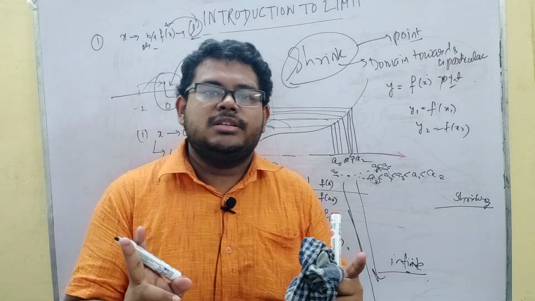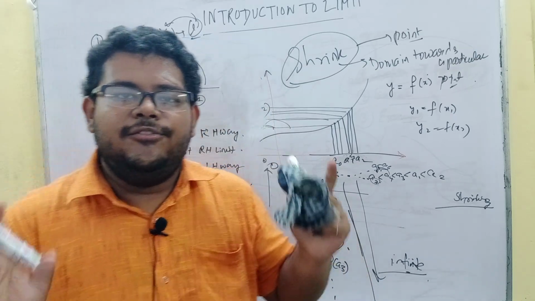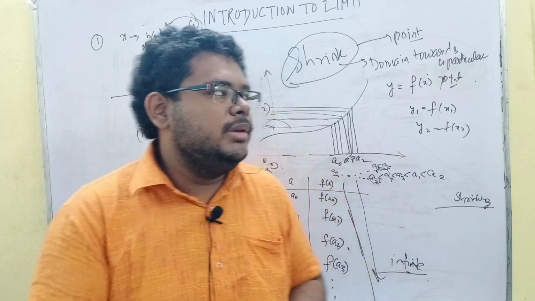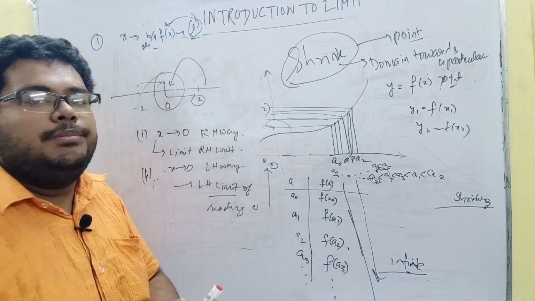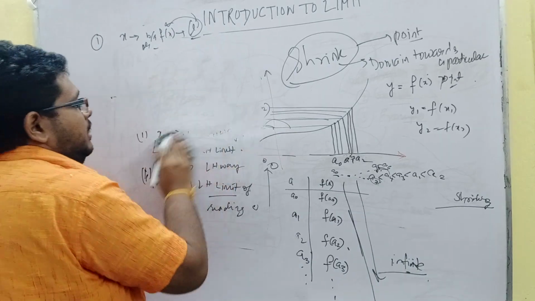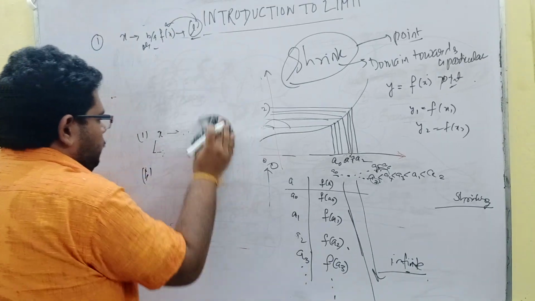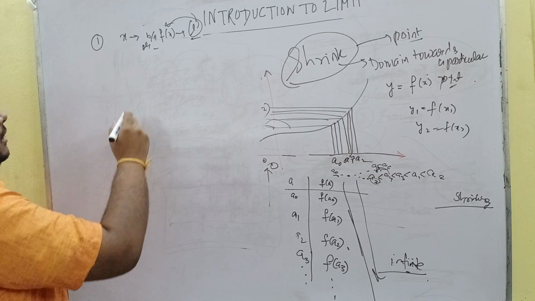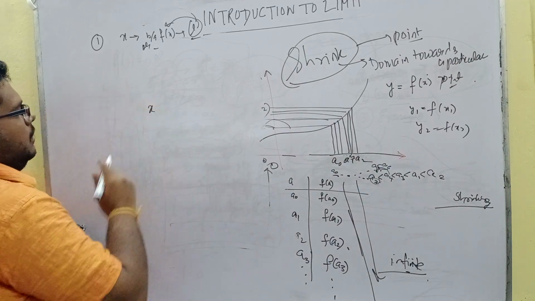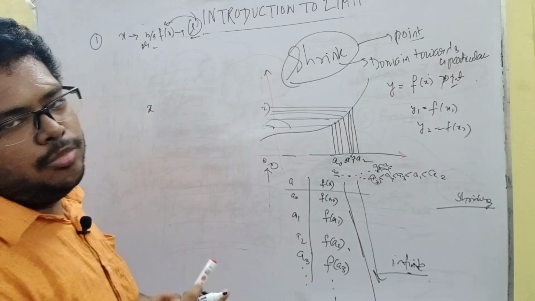There are two limits to analyze whether a point in the domain can be reached. These are the x values of the domain.